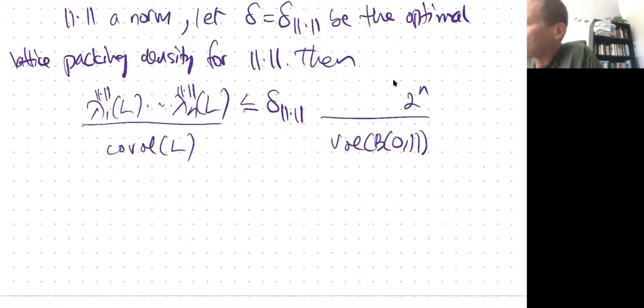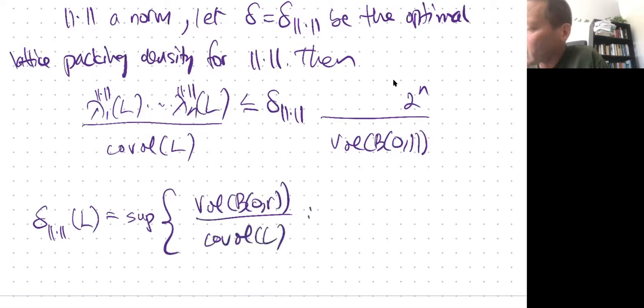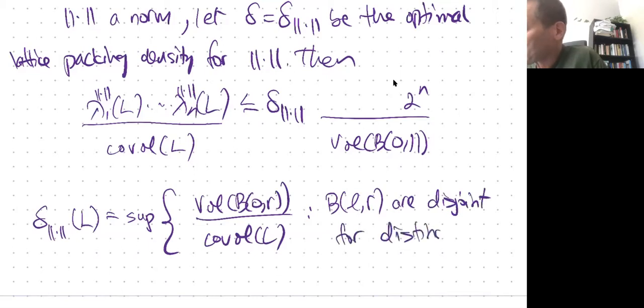Delta is a very important quantity in geometry of numbers that I'm now going to define, this optimal lattice packing density. So delta is defined in 2 steps. For a given lattice L, delta with respect to a norm is the sup of the volume of the ball divided by the co-volume of the lattice, such that the balls are disjoint for distinct lattice points.